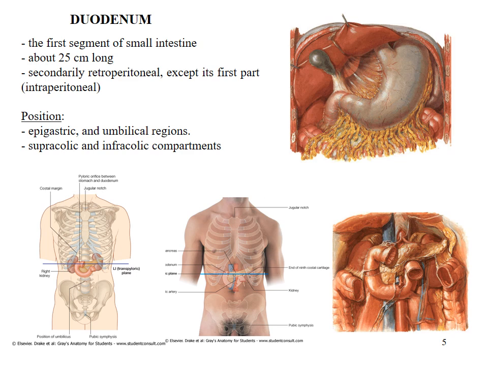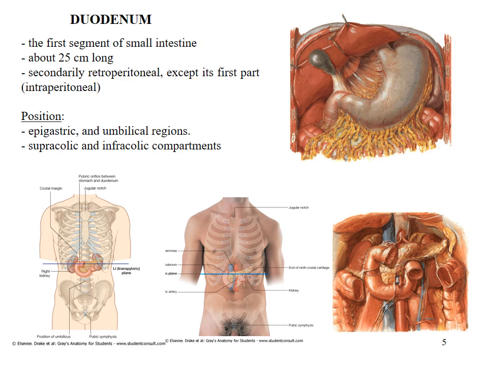Where is the duodenum situated? Duodenum is situated at the level of the first to third or fourth lumbar vertebra. This is the umbilical and epigastric region, and it is situated in the supracolic compartment.